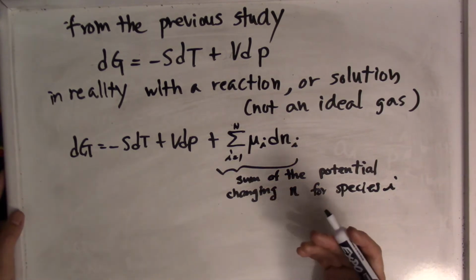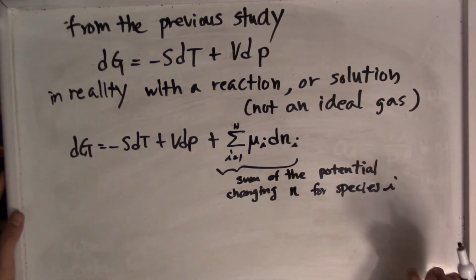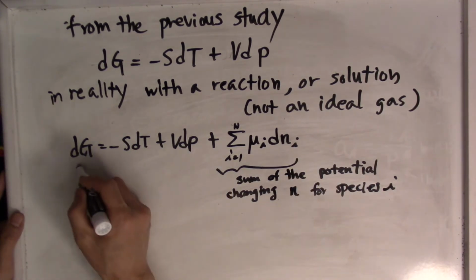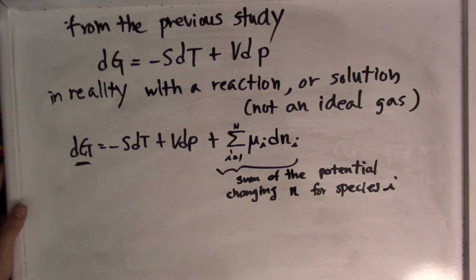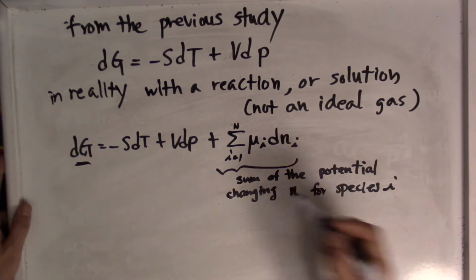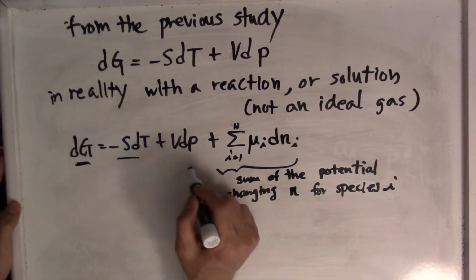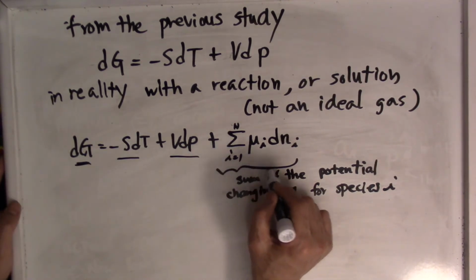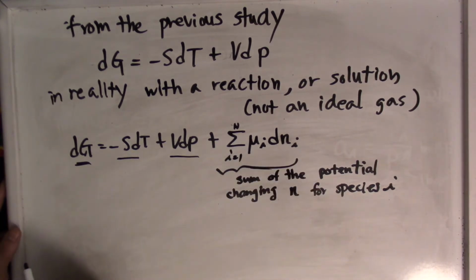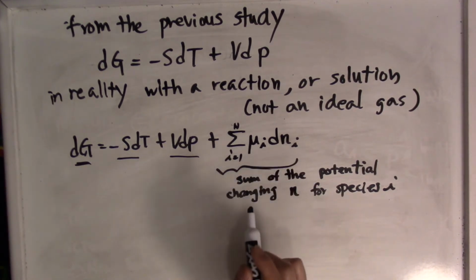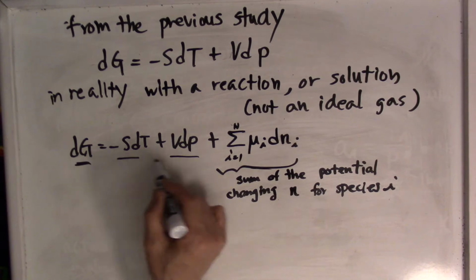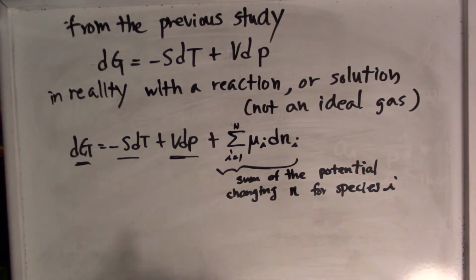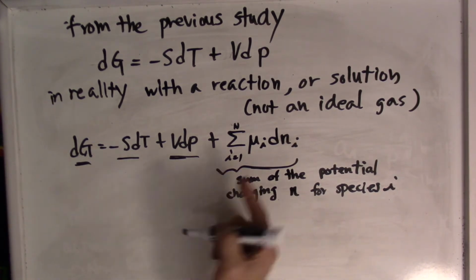If you add all them up, then that has contribution for the overall change in the Gibbs energy. It comes from the heat factor, and it comes from the expansion factor, as well as the actual chemical change, the individual chemical potential change, other than these two factors. So keep that in mind. Now let's talk about this number.